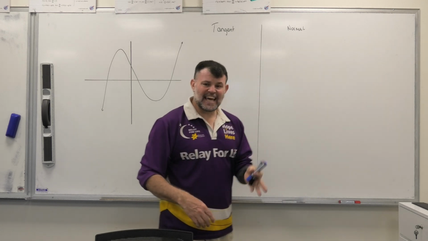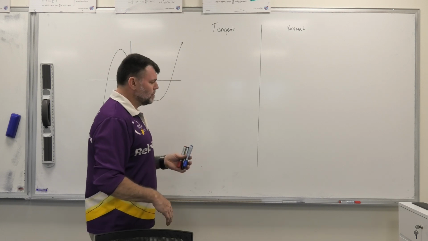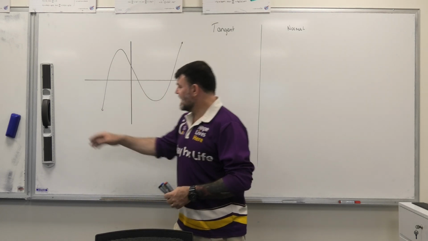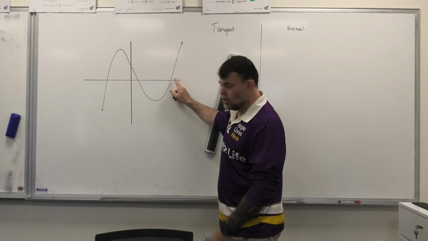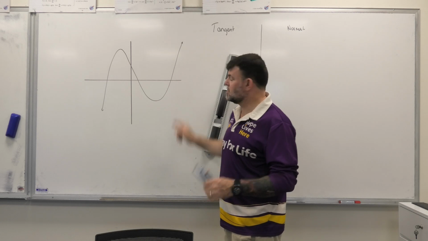A tangent, and you probably would have heard of this when you were looking at circles before, is a straight line that touches a curve at one and only one point on that curve.